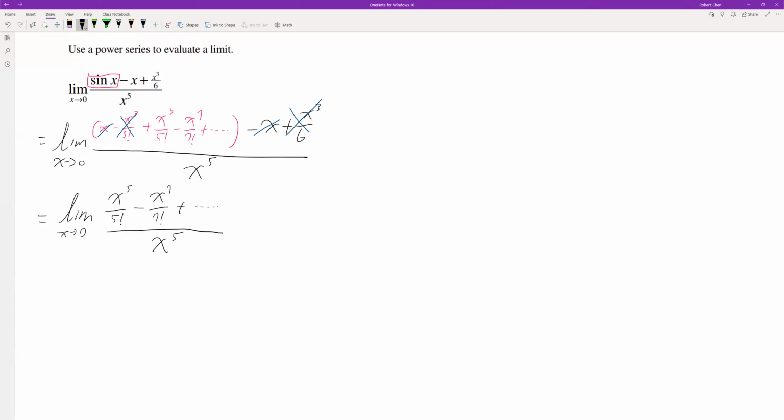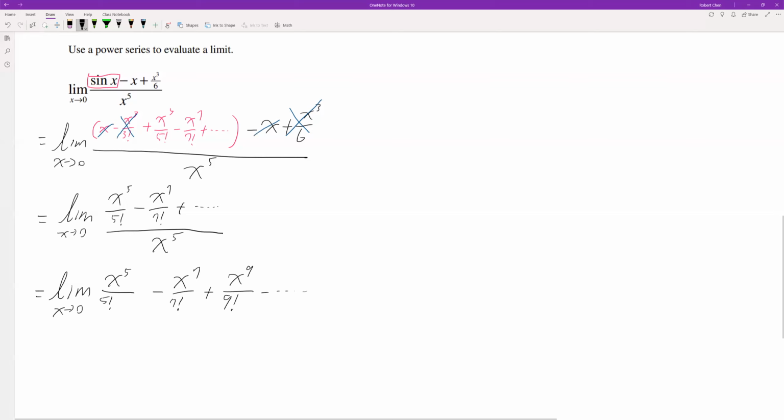All right, so let's clean this up a little bit. I'm going to rewrite it by putting this x to the 5 in the denominator under every term in the numerator. So I'm going to put it like this: x to the fifth over 5 factorial minus x to the 7 over 7 factorial plus x to the ninth over 9 factorial and dot, dot, dot.